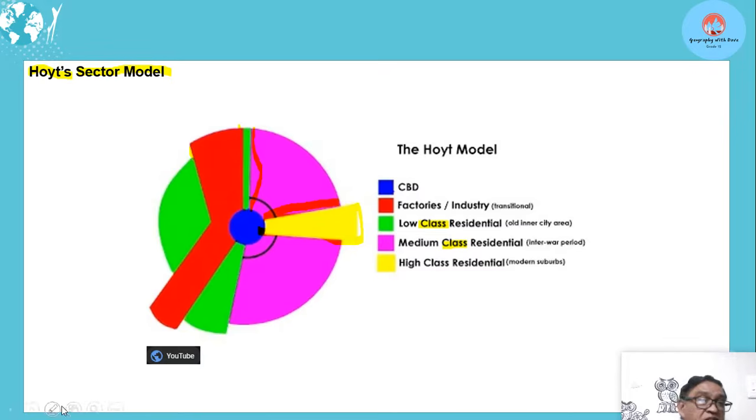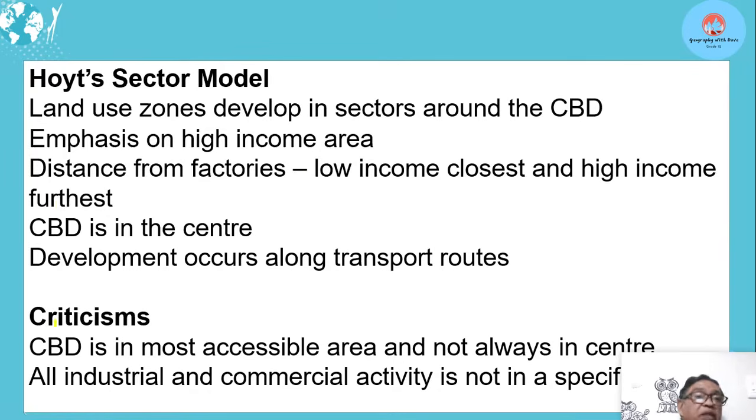So let's look at his model now. Number one, land use zones develop around the CBD, which is in the center. He tended to agree with the concentric zone model, rather. The emphasis on high income area, they are furthest away from the industries, with the low income closest. So distance from factories with low income closest and high income furthest away.